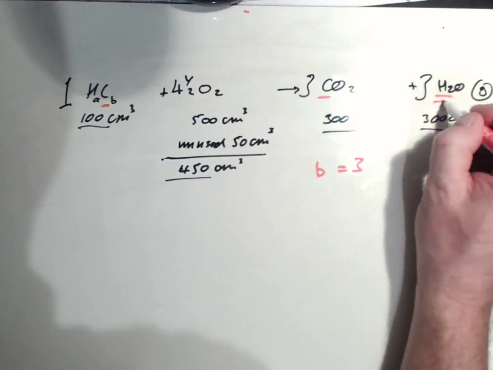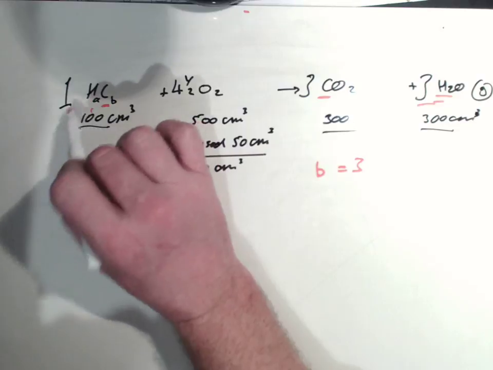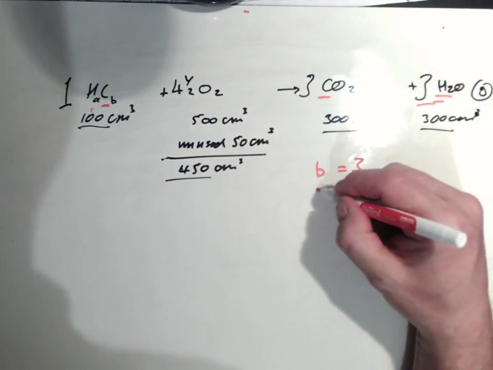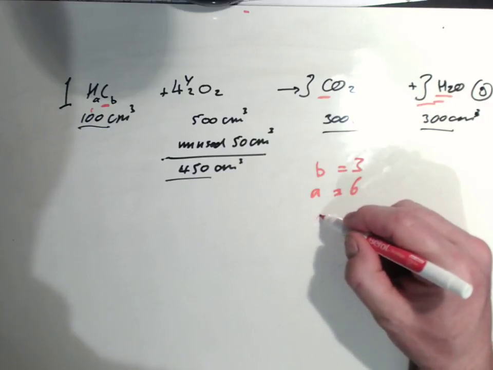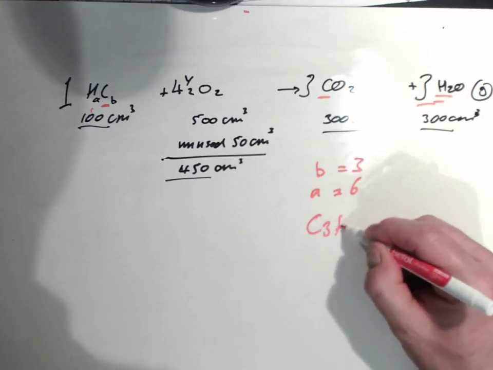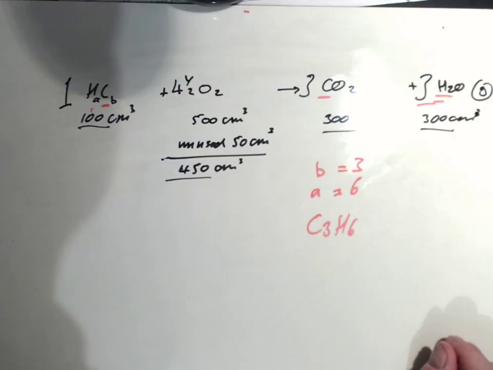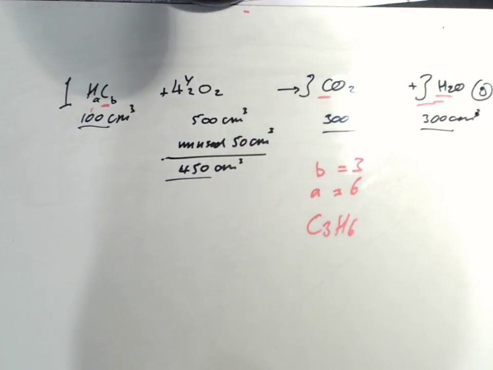Over here, the hydrogens in the water, the only source of hydrogens on the left are from the hydrocarbon, so there are 3 times 2, which is 6 hydrogens, so A must equal 6. So my hydrocarbon must have a formula of C3H6, so it must be propane in that instance. Okay, so that's a really nice, simple example, and that shouldn't cause you too many difficulties.